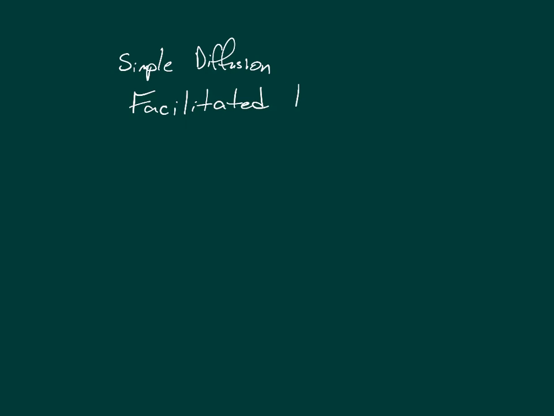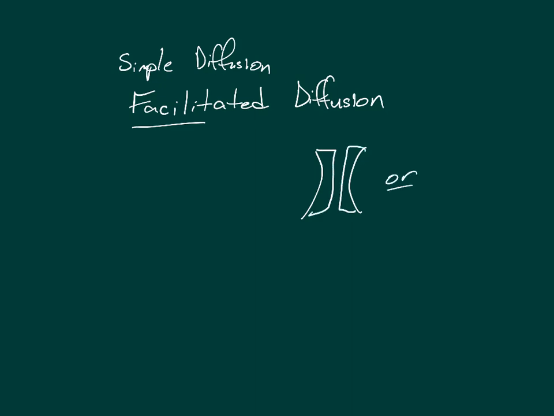So facilitated diffusion obviously is diffusion with help, and the help comes from proteins. Transport proteins, perfect. They could be channel proteins, right? Or they can be carrier proteins, like we just saw. We just saw a carrier protein, but that was during active transport.